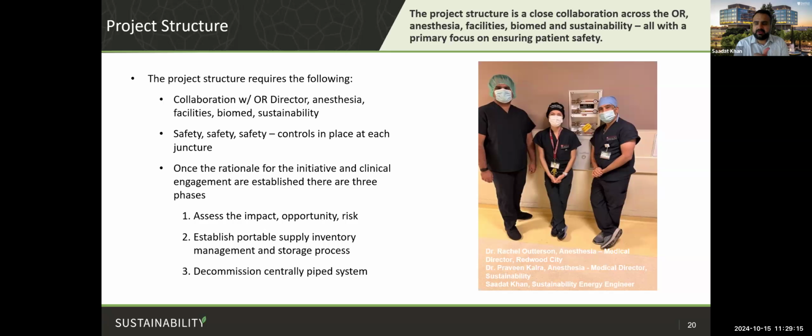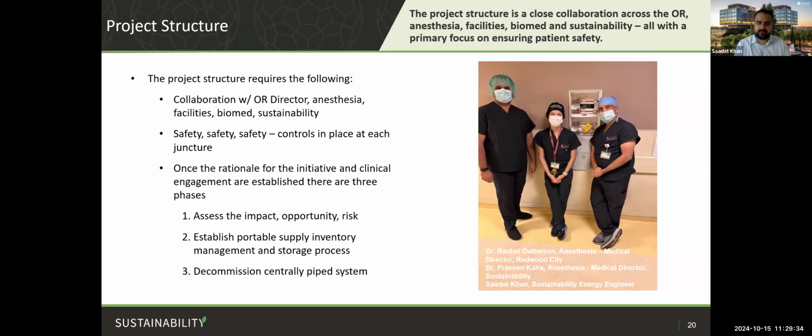But the primary drivers for how this project gets implemented and how we maintain safety and ensure controls are there in each place: we need to ensure that the OR directors that oversee the operations of the clinical space you are making changes in are on board and comfortable.